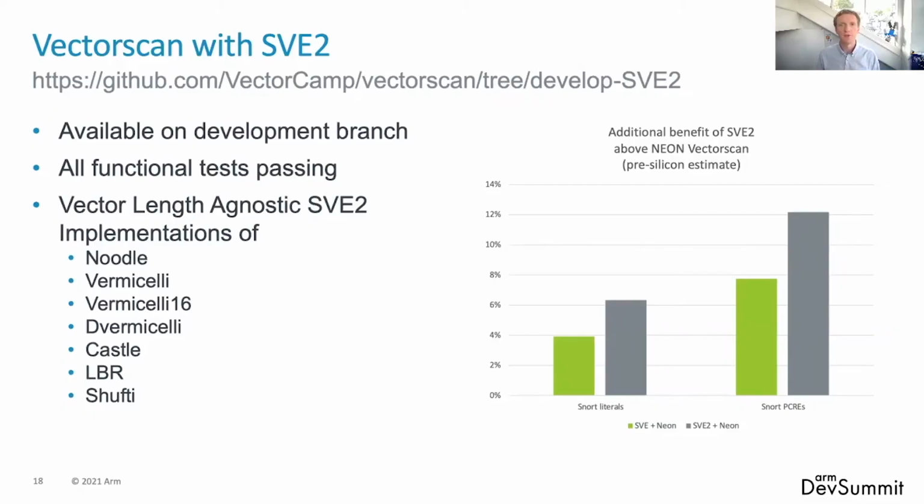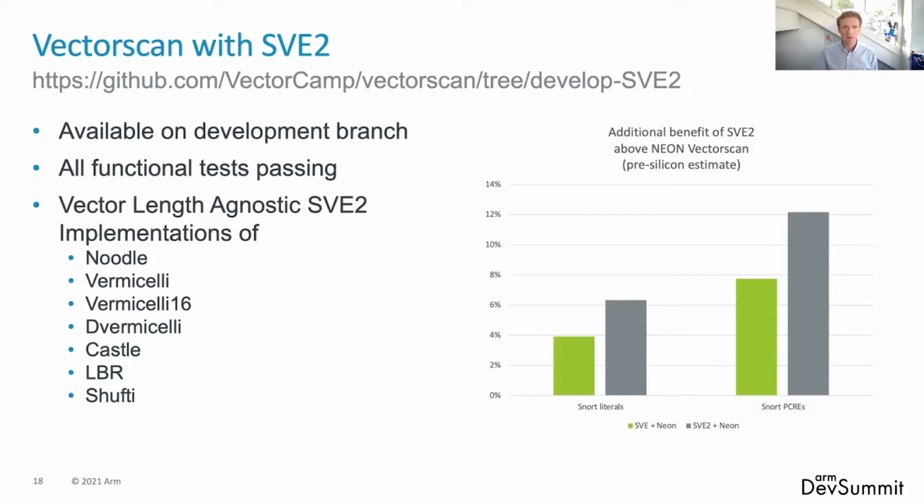Thanks very much, Konstantinos. One of our development team here at ARM has been building upon Konstantinos's work and adding SVE and SVE2 implementations of some of the key regular expression matching engines in Vectorscan, which are listed here.